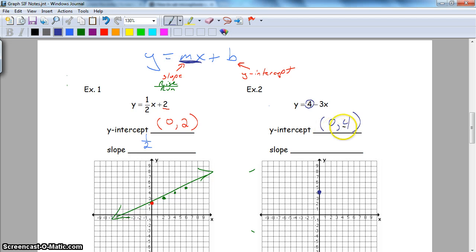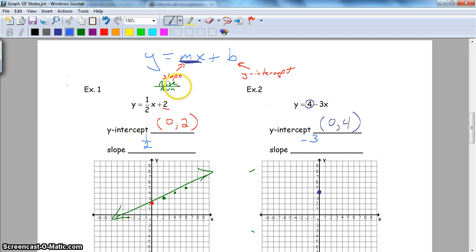Now, if 4 is our y-intercept, what is our slope? Our slope is the number that's attached to x. It's -3. So this would be -3. But if you remember, we always had our slope as a fraction. And I kept warning you to keep it as a fraction. Today is why we find out why.